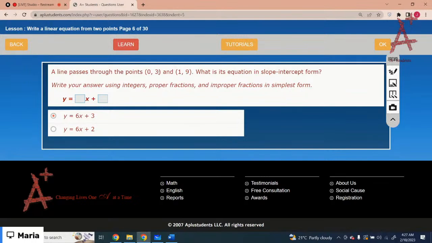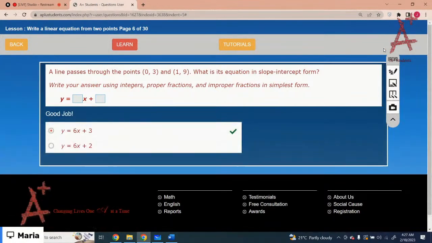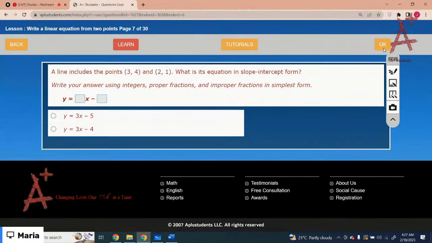Okay, so which is the correct option? I've already selected the correct one, but I forgot to click on the OK button. Okay, which is the correct option?